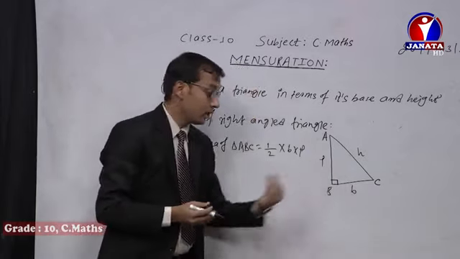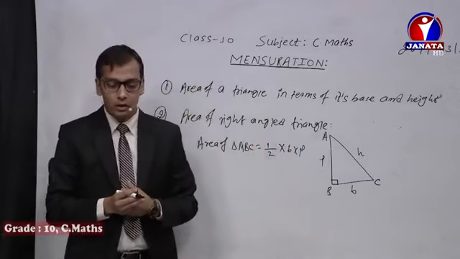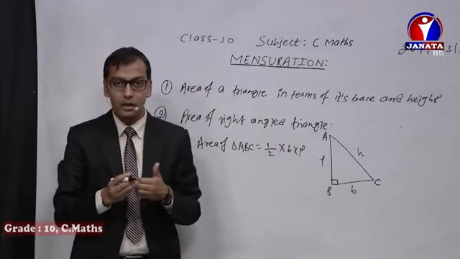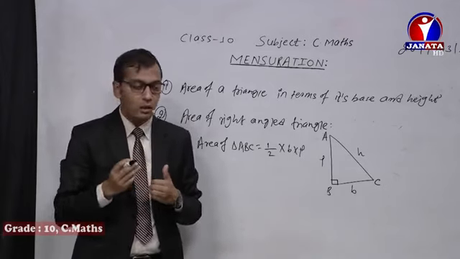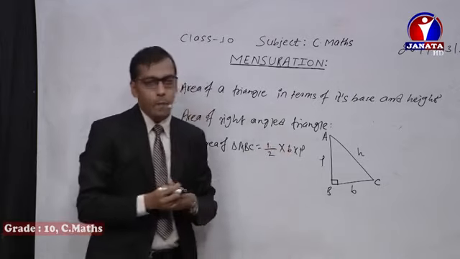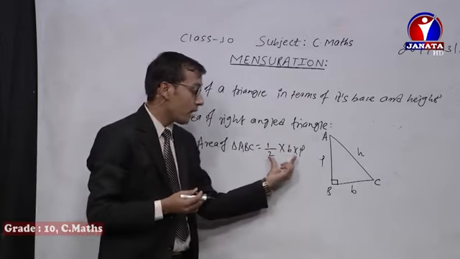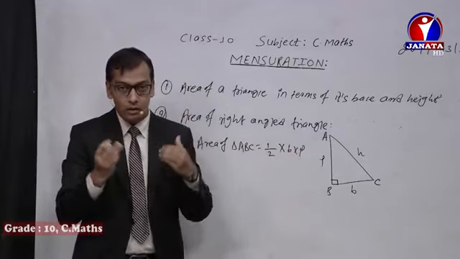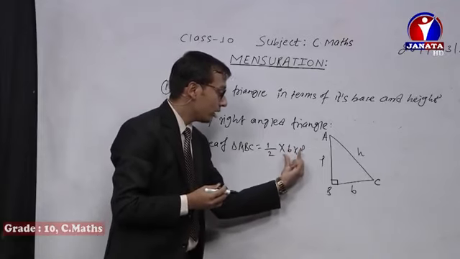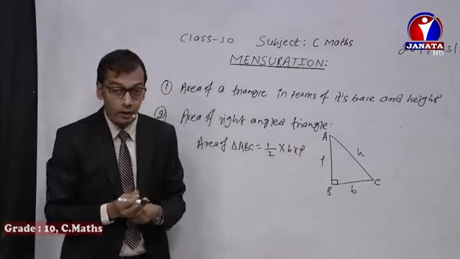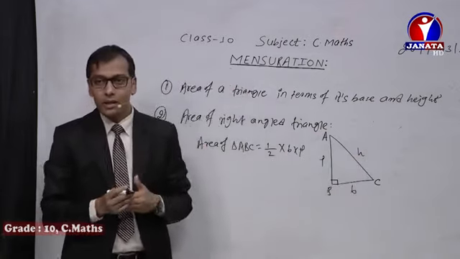We denote it by P. So by using this formula, we can find area of a right angle triangle. But the most important point here is, while using the formula, if we write area of right angle triangle is 1 by 2 base times height, let's not get confused. If we denote height by H here, H in the figure is hypotenuse.